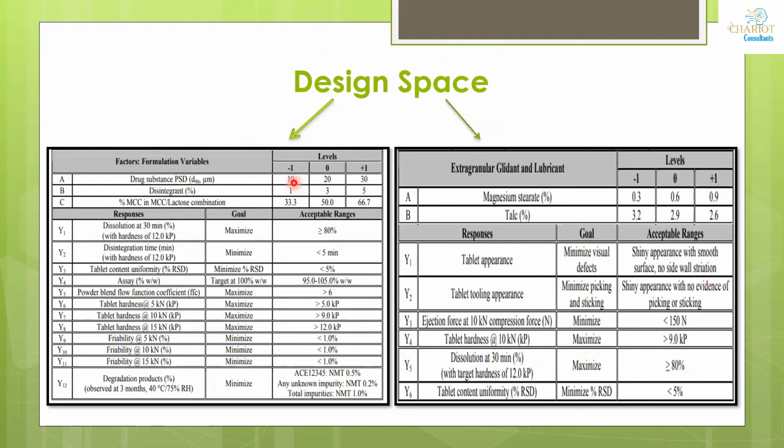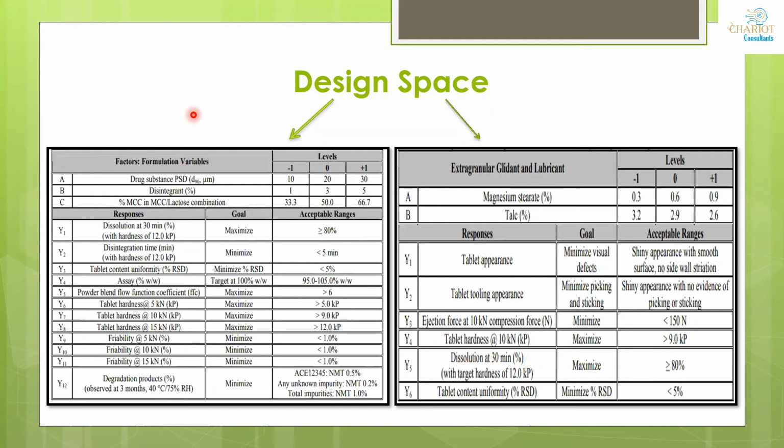In this case, when we are talking about formulation variables, we have already put earlier the drug substance PSD, the disintegrant percentage, and your MCC. This is a software-based design of experiments in which we can evaluate multiple factors at a single time. Generally, in normal cases, we evaluate one factor and then see the response.